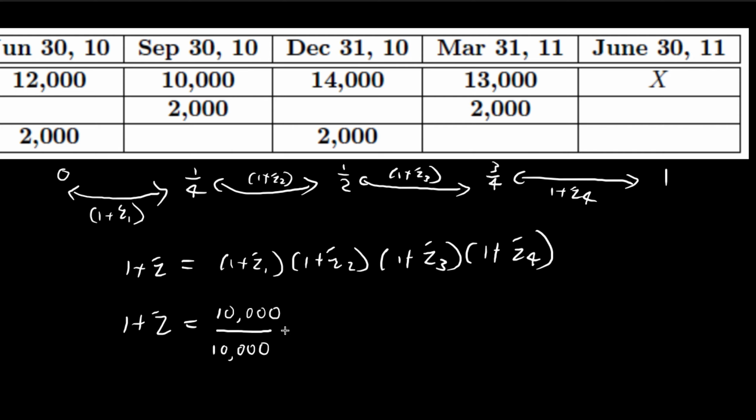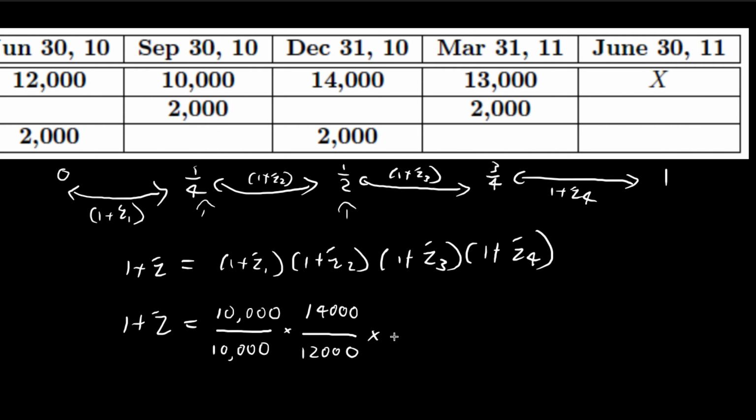Then we repeat the process to find I2, the 3-month effective rate of interest from this time period to this time period. We start off with $10,000 and then make a deposit of $2,000. So at this time point we have $12,000 and then it grows to $14,000. This whole expression is 1 plus I2.